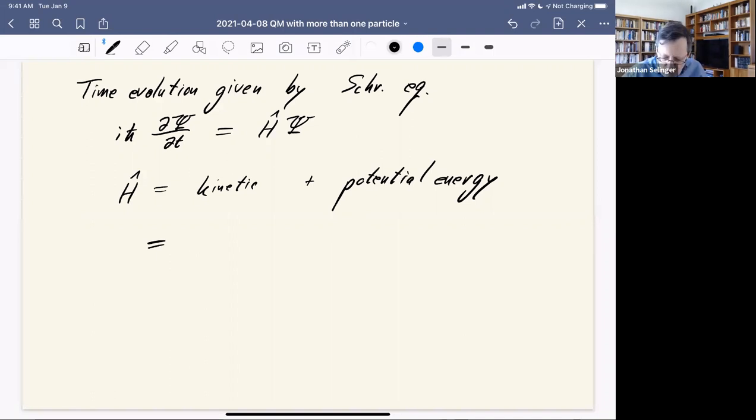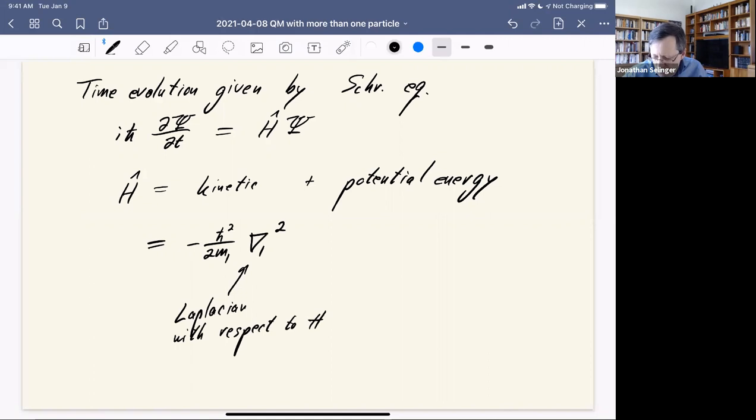So for particle 1, we have minus h bar squared over 2m1 times the Laplacian with respect to particle 1.